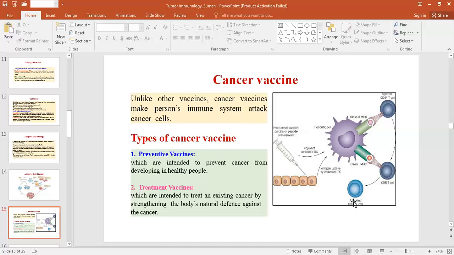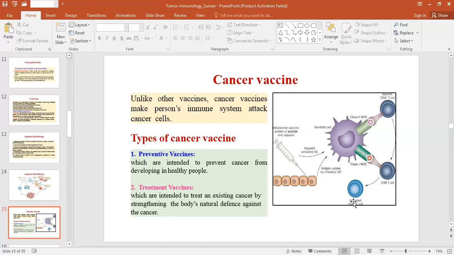In contrast, therapeutic vaccines are anti-cancer vaccines which are given to a tumor-bearing individual, not before, but during the treatment.